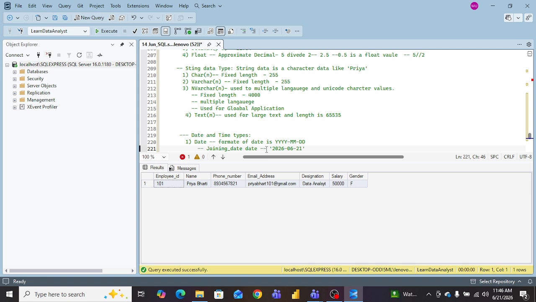Got it? That's how you get the employee's join date. If you order any product, you will get the date on which you ordered it. You will get the date when you receive the order. The order date will be there.